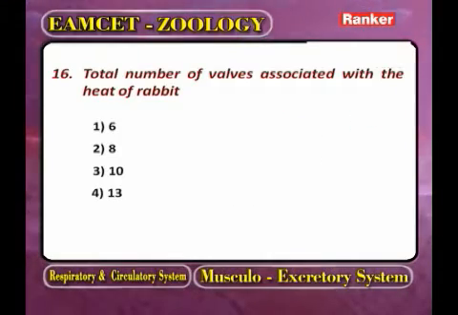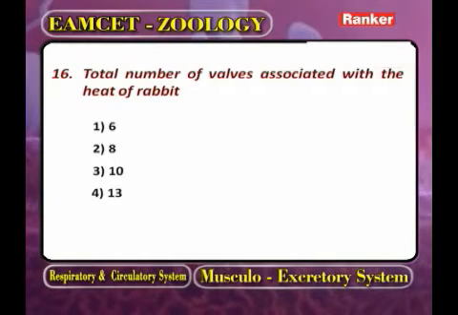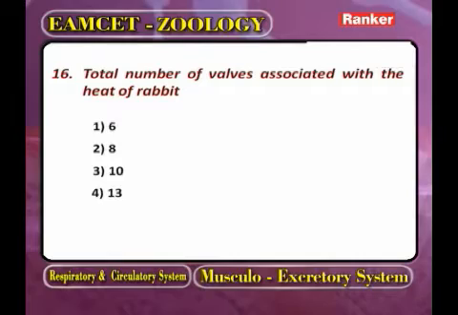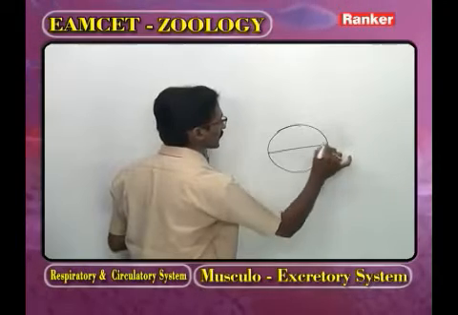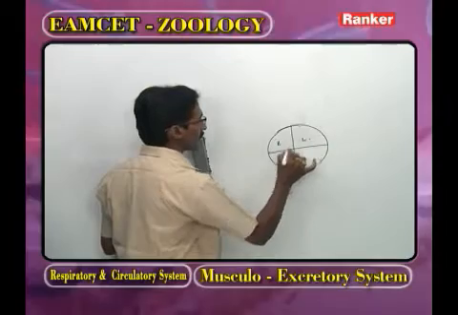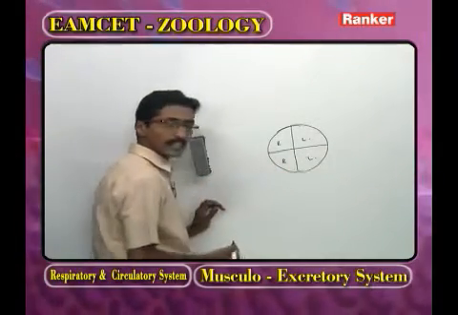Students, you have to observe the question. Total number of valves associated with the heart of rabbit. Now as we observe the heart, this one we call the right atrium, left atrium, and next right ventricle, left ventricle.